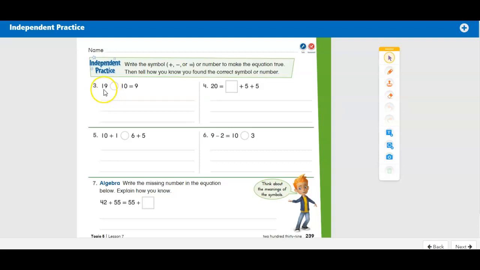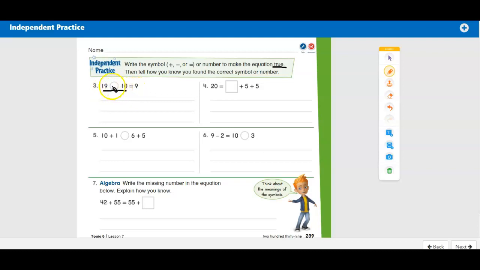It says 19 blank 10 equals 9. Well, we know that we are making true equations, so that means that each side of the equal sign must equal the same. So we know that this side of the equation has to equal 9.